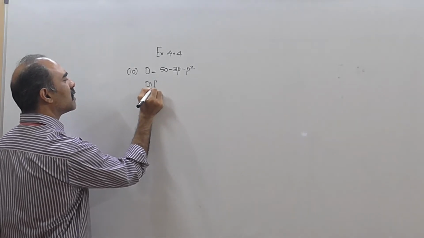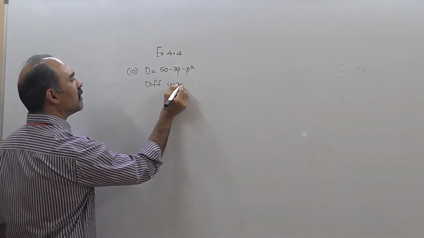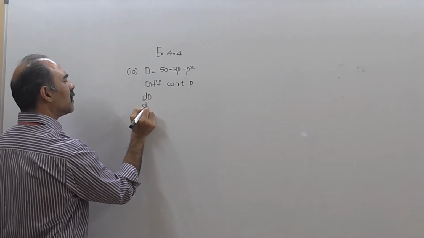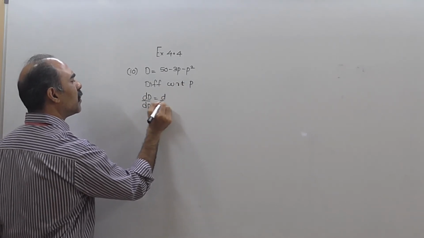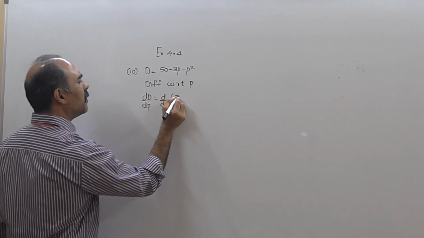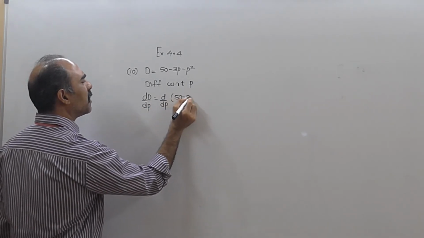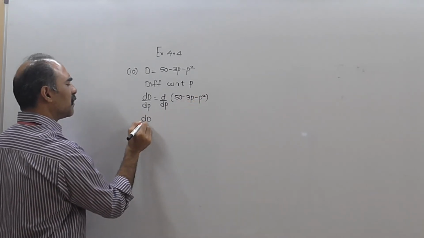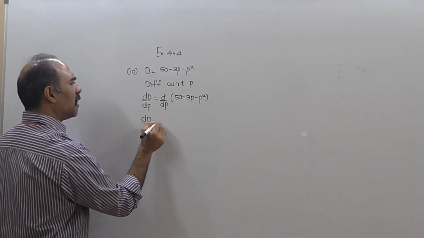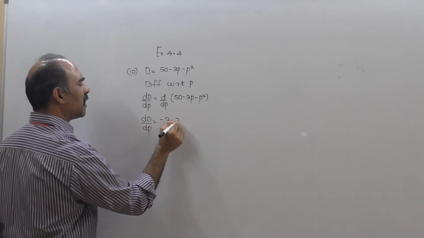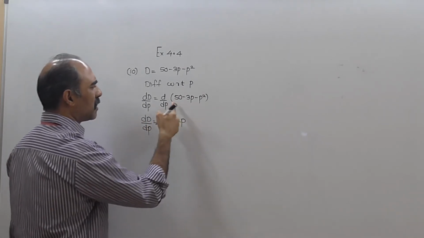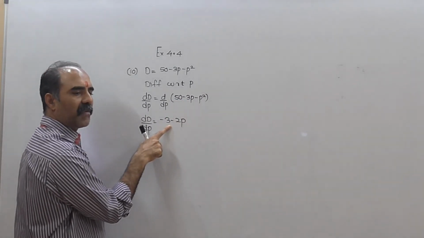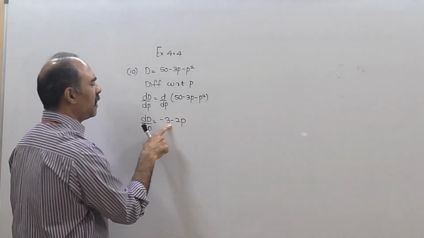So I will write this as differentiating with respect to P. You will have dD upon dP equal to d by dP of 50 minus 3P minus P square. So we have dD upon dP equal to minus 3 minus 2P, because 50 is a constant so 0, minus 3P, derivative of P is 1, so you get minus 3 minus 2P.